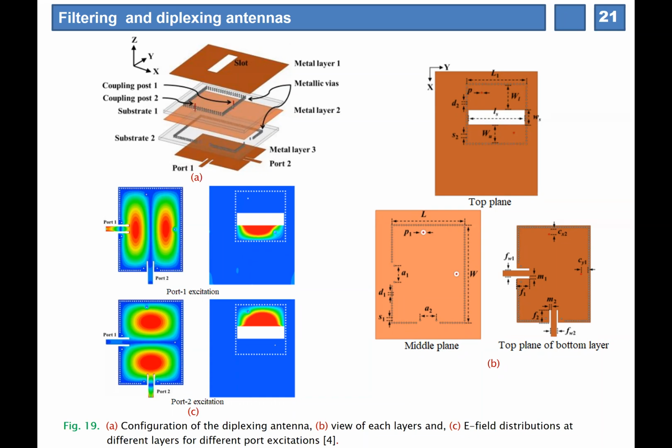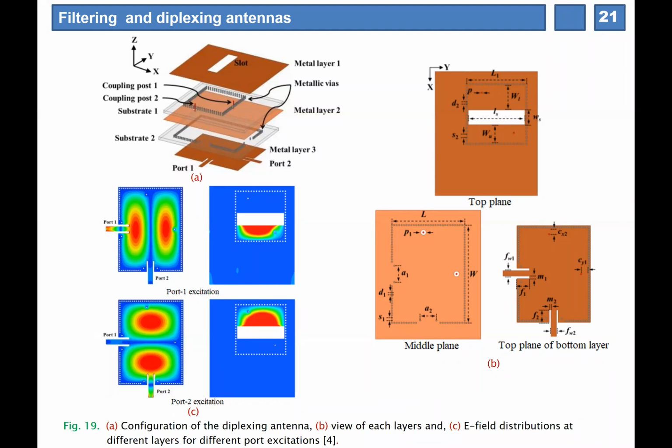You cut one slot on that common copper plane, or you drill a via that is actually connecting the bottom plane and the plane on top of that. That metallic post will conduct some current, so it will couple the energy from one layer to the other layer. Or you can do another thing, simply cut one slot.